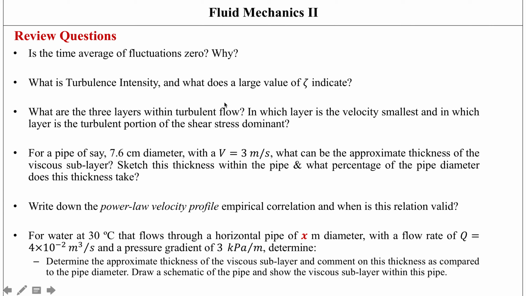Just go through these questions, and let's say the diameter here could be equal to 0.1 meters. So go ahead and try to answer these questions and work out this numerical problem too, so you obtain a better understanding of what turbulent flow is about.